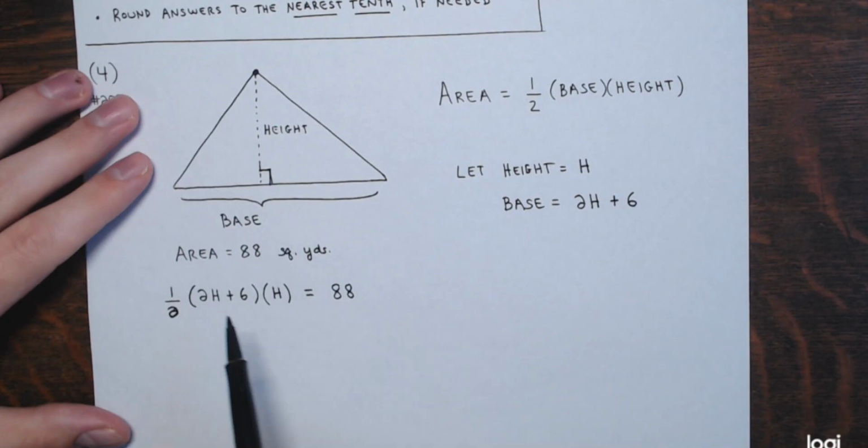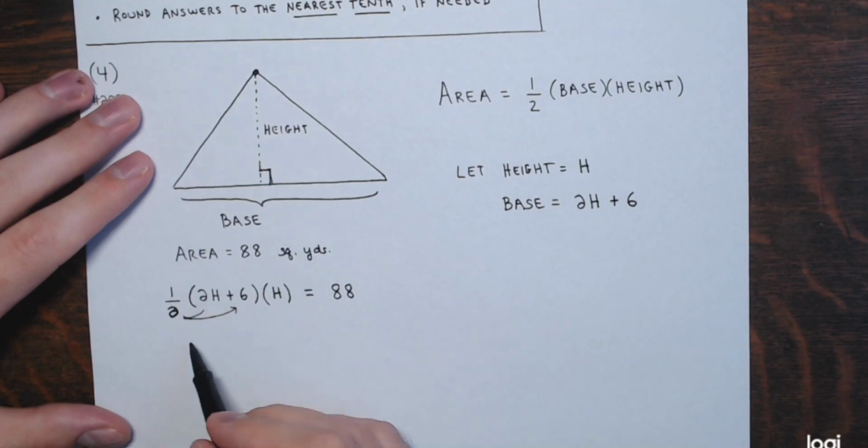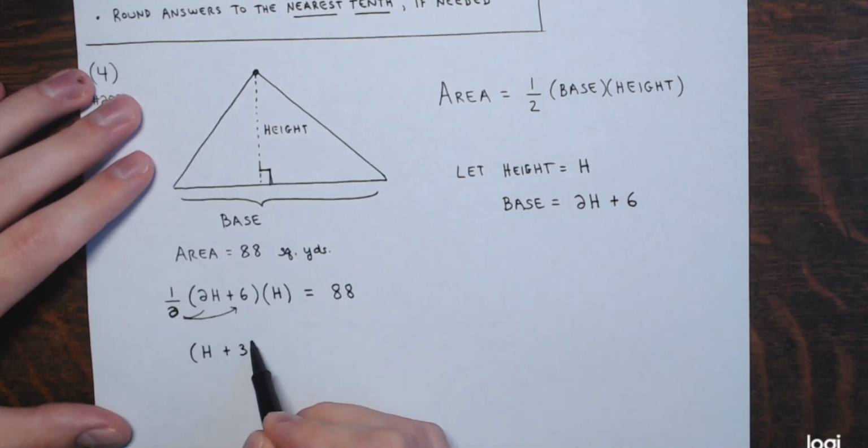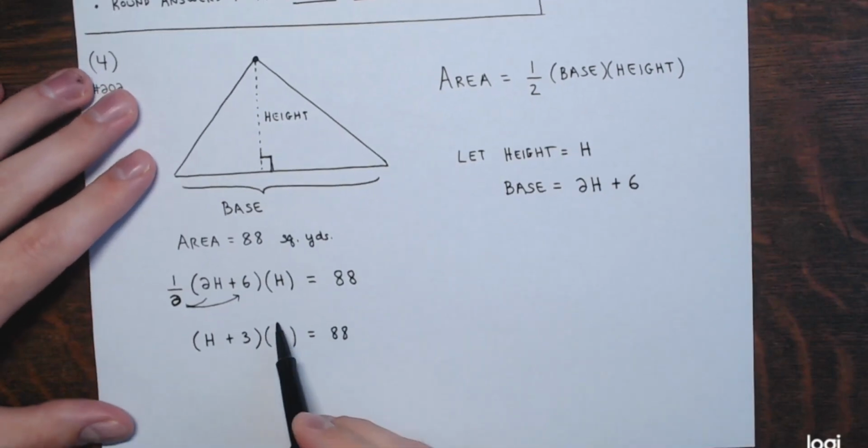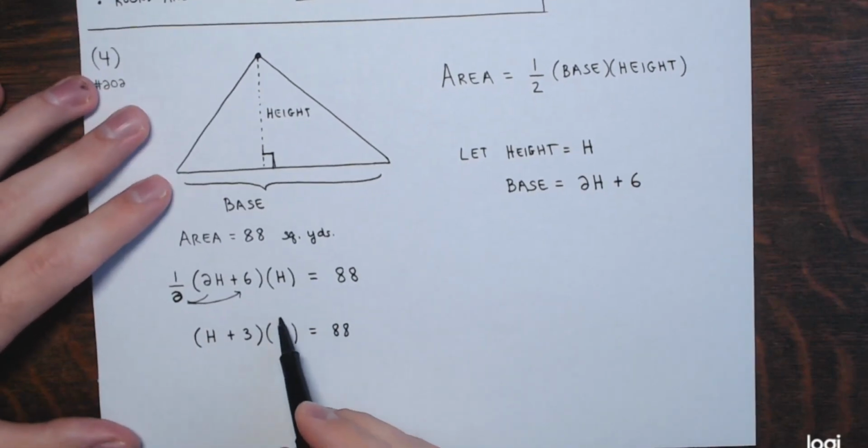Now we can simplify this by distributing the half to this 2h plus 6. Half times 2h plus 6 would be 1h plus 3. And then we have times h, equals 88. And then I'll distribute the h here.